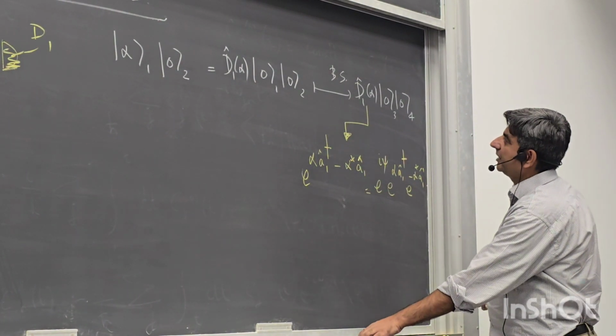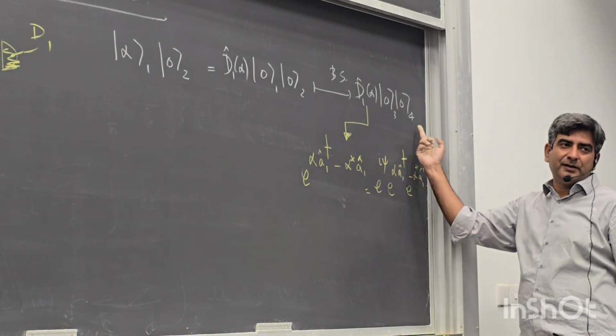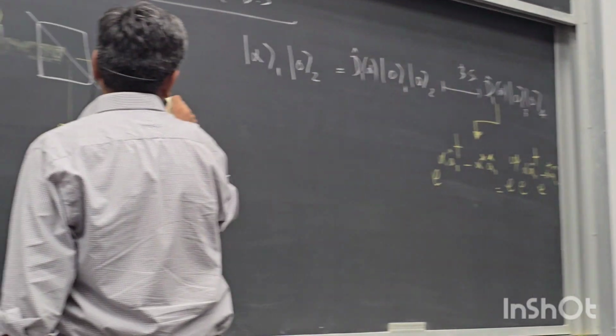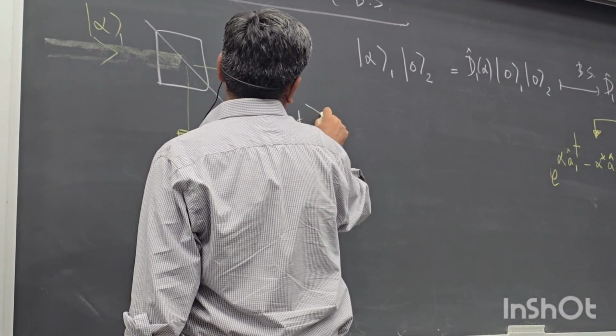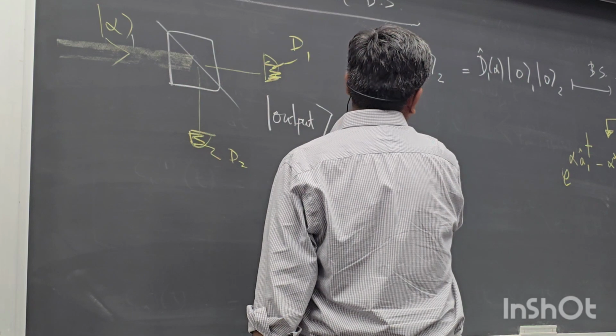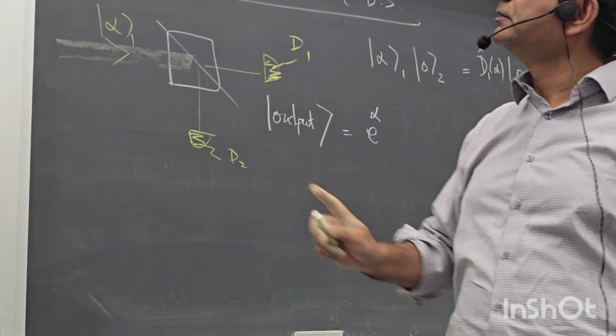So the output state, which is this state, I'm going to focus on the output state. At output, right? This is e to the alpha. Now A1 dagger is gain over there.